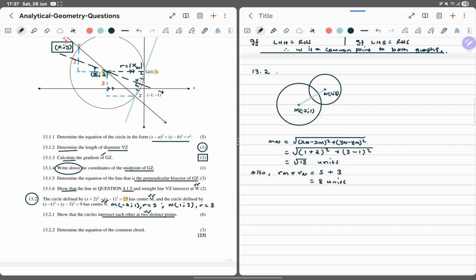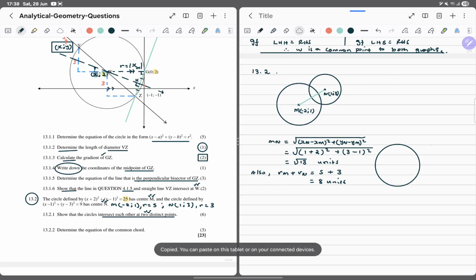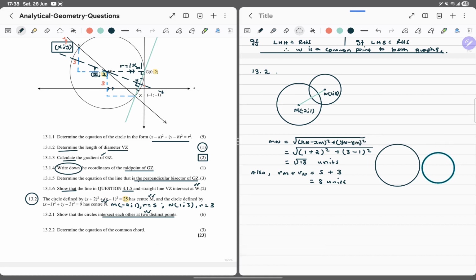Right. Now, why are we exploring this, guys? It's because if these two circles were to sit something like that, if these circles were to sit like this so that they touch at only one point, now we will see that the center is almost there.